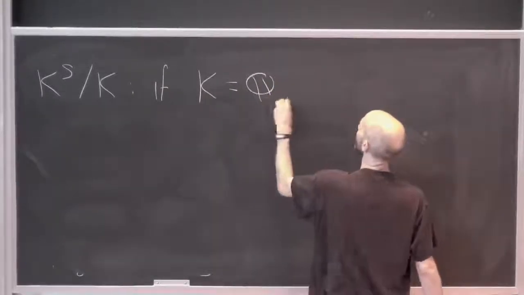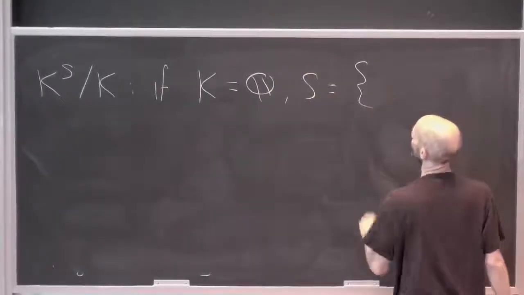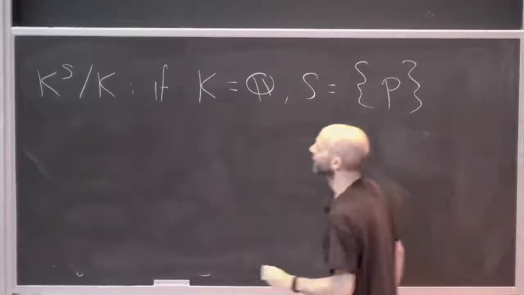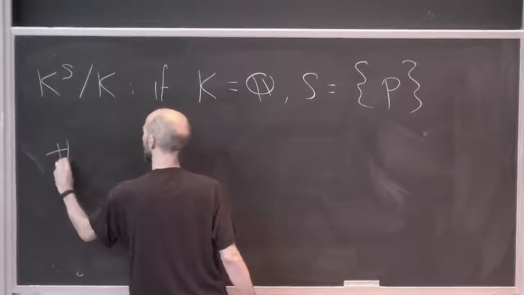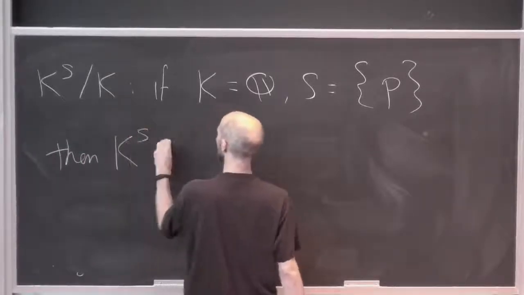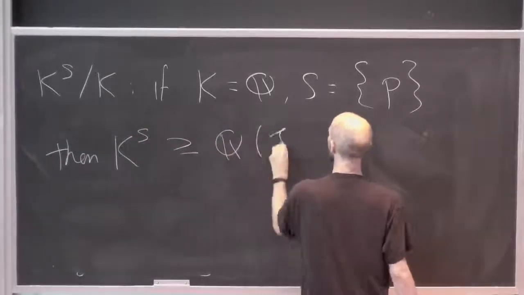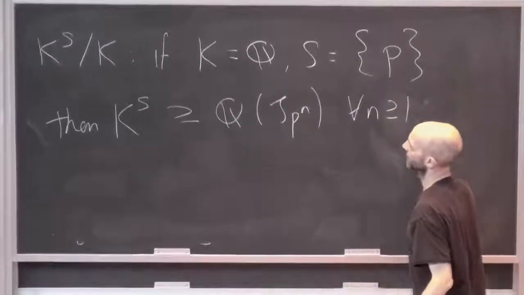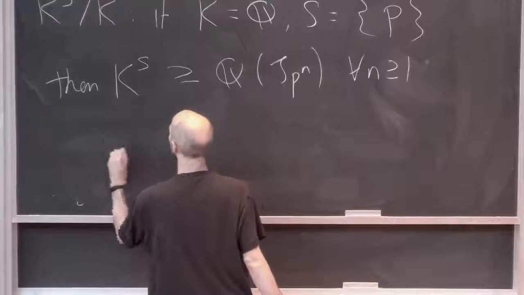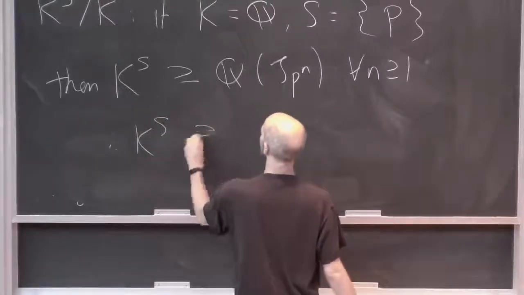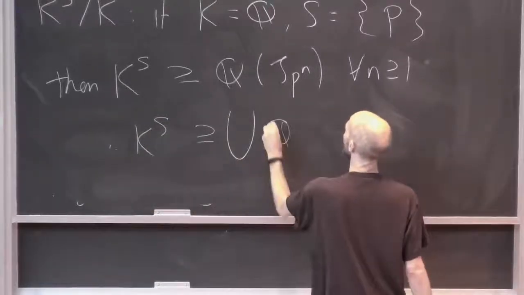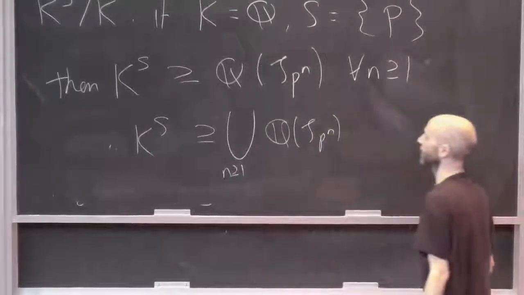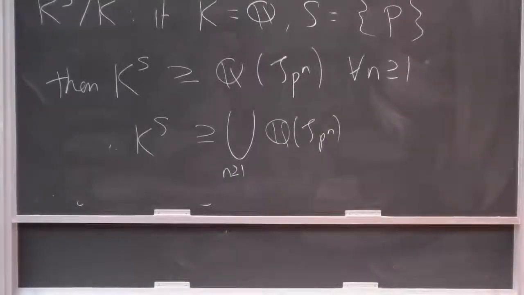If K is Q and S is just one prime P, then Ks contains Q(zeta_P^n) for all n at least 1. And so therefore Ks contains the union of Q(zeta_P^n) for n at least 1. This is all going on in some fixed Q bar, I should say.